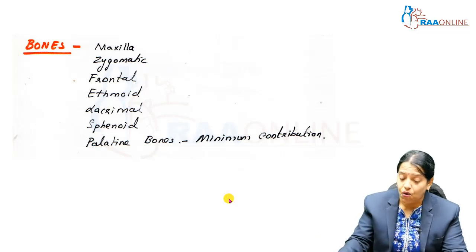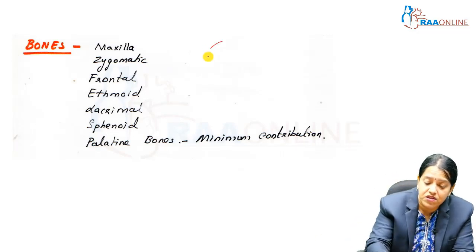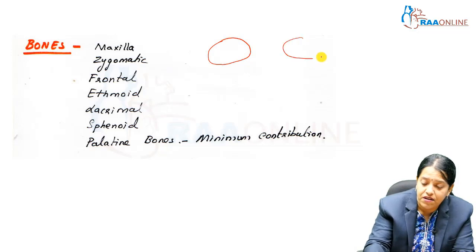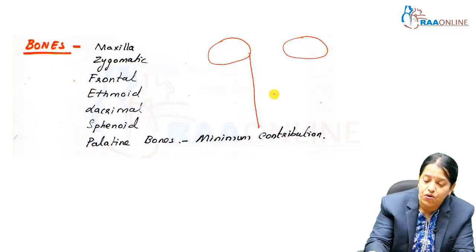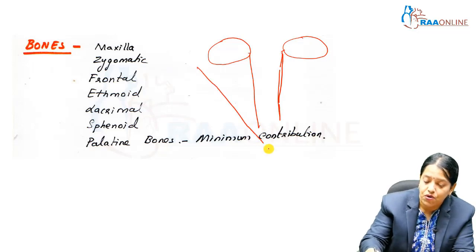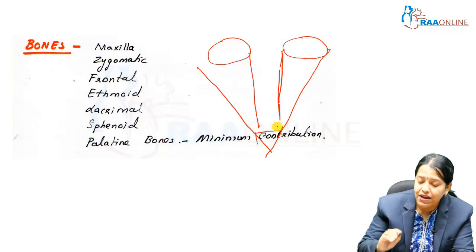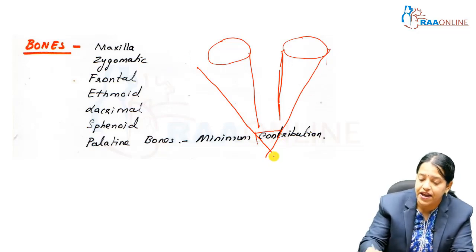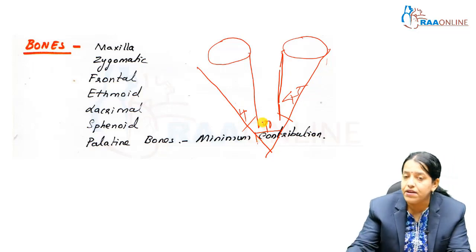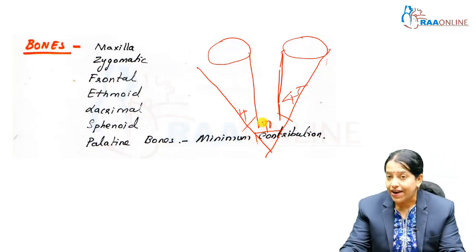Now if you see these are the two orbits, the medial walls of the orbits are lying parallel to each other, but the lateral walls of the orbits are sloping and forming a 90-degree angle with each other. So this lateral wall will form a 90-degree angle with this lateral wall. This will be 45 degrees, so this 45, 45, whereas to each other it will be a 90-degree angle of the lateral walls.